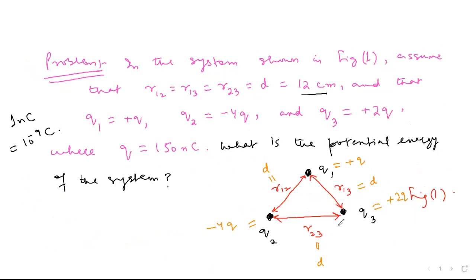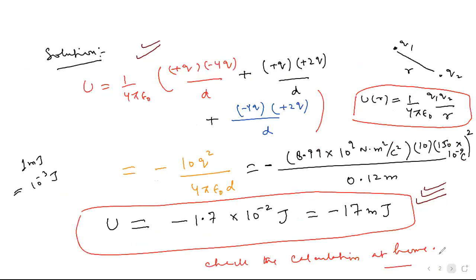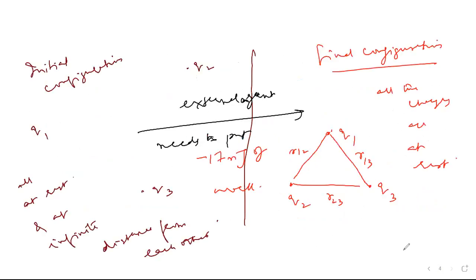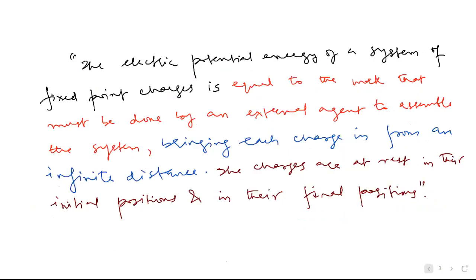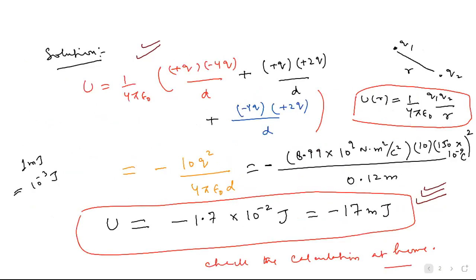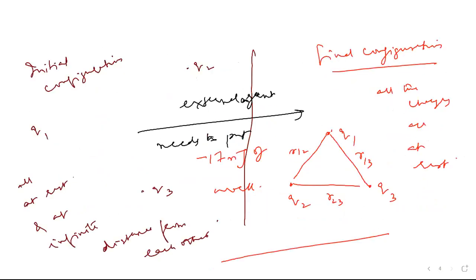Now the potential energy of the system of charges is the work that the external agent needs to put in to change this configuration from initial to final, right? I hope it is clear to you. I solved the problem, but I thought I should make this point about the interpretation of potential energy.